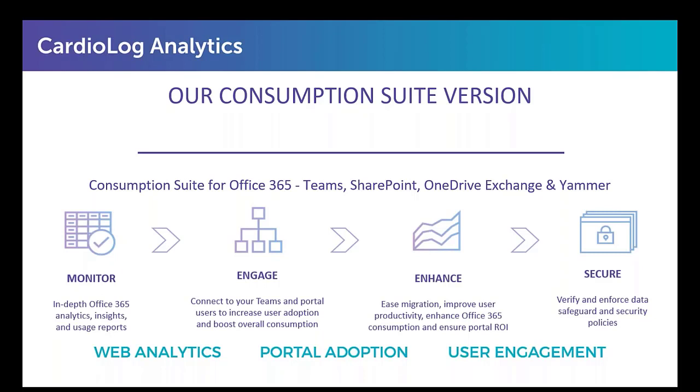And then the next pillar is to enhance. The whole point is that we want to make sure that we are constantly improving SharePoint and Teams and so on based on those first 2 pillars. So the idea is to have actionable metrics, which will then allow us to constantly make Office 365 platforms better for our users. And then finally, the last pillar is securing Office 365 by enforcing permissions and access, identifying breaches of information, and securing confidential data.